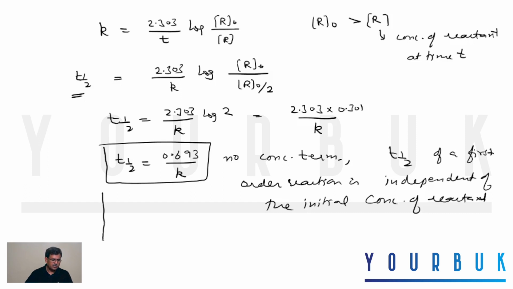So if we plot a graph between the half-life and the initial concentration of the reactant, the graph will be a straight line, and if any reaction has a graph like this, it means the order of the reaction is 1.